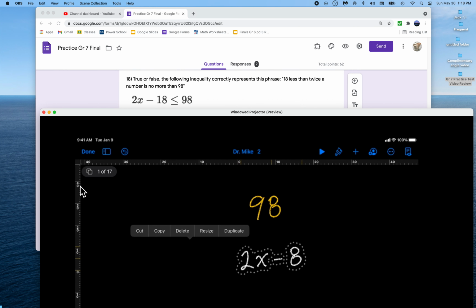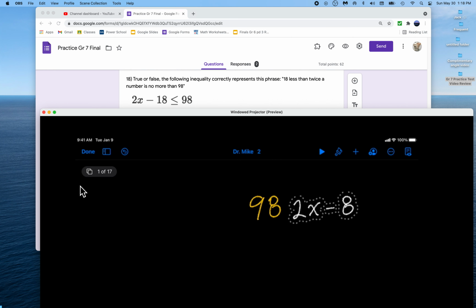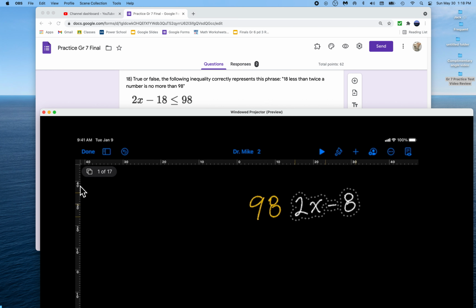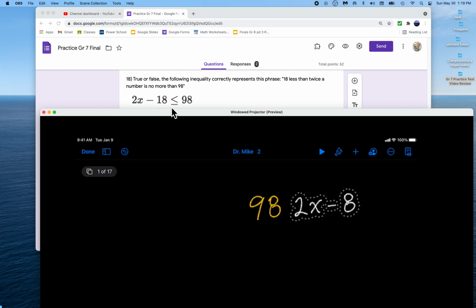I say, okay, it can't be more than 98. It can be equal to 98. So therefore, that equal sign there is fine. But it can't be greater than 98. It can't be up there. If it's no more than 98, it can't be up here. It's got to be down below.